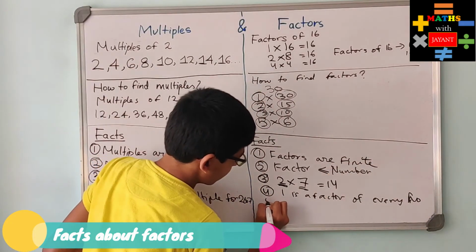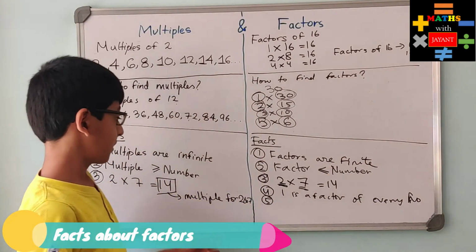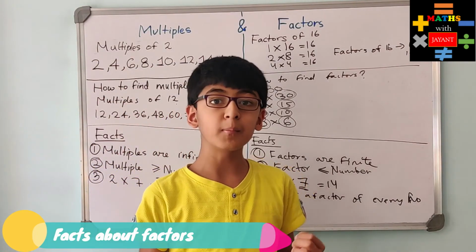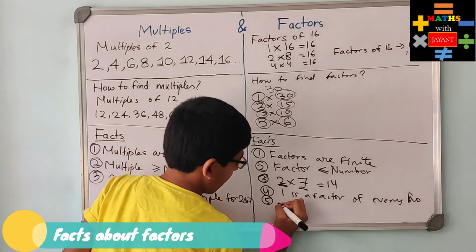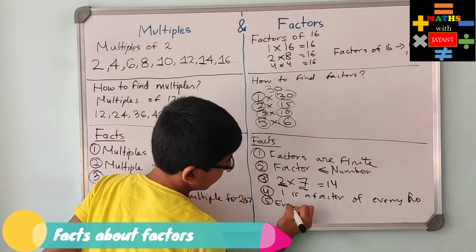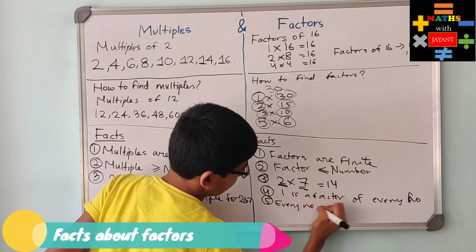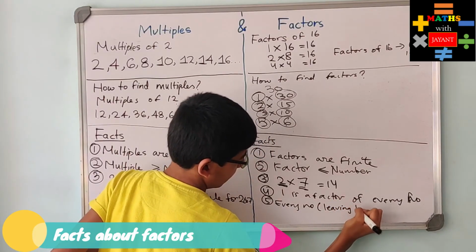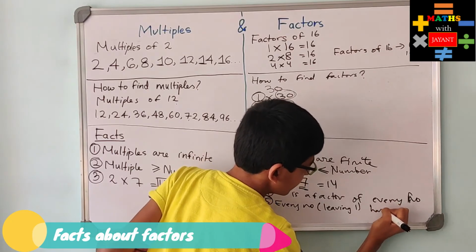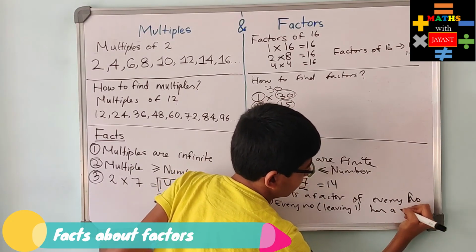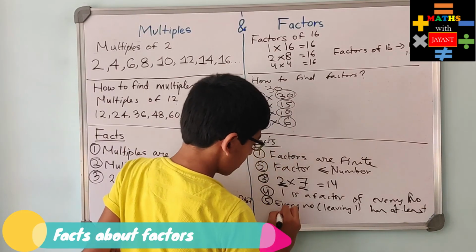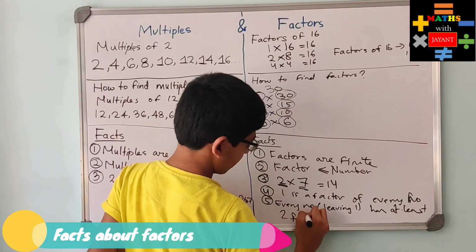And you also need to know that every number other than 1 has a minimum of 2 factors, that is, at least 2 factors.